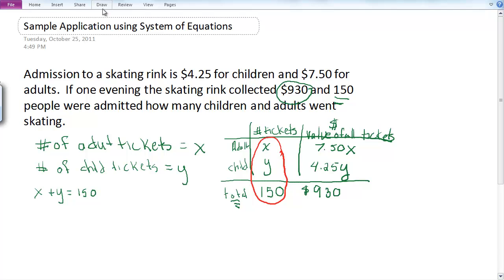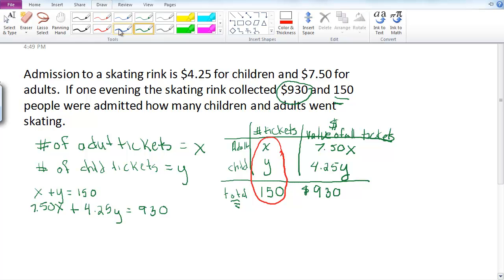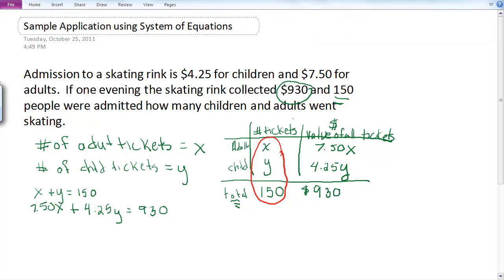Now, the other equation is going to be $7.50 X plus $4.25 Y is equal to the total amount of 930. And again, I got that equation directly from here. So, value problems are very basic to set up.